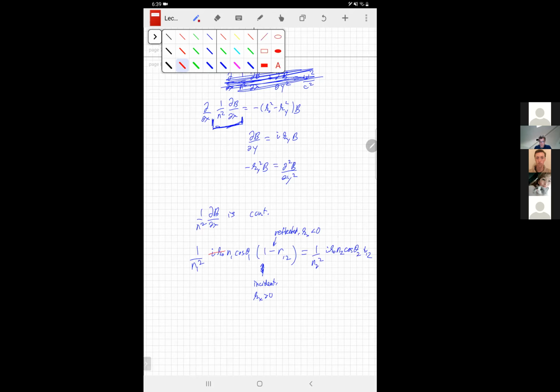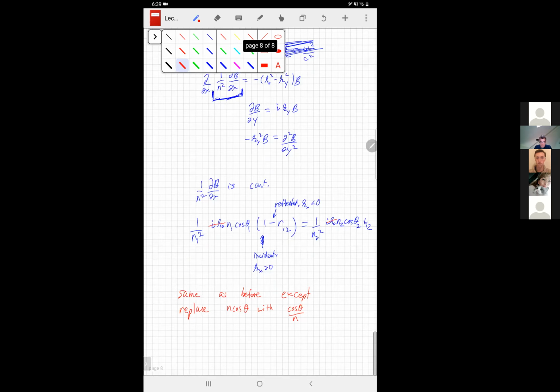You cancel the i k0s. And we have almost the same equation as before, except we replace n cosine theta with cosine theta over n.